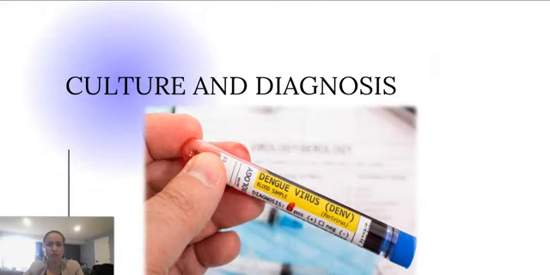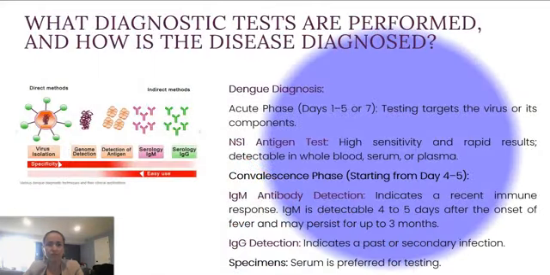Culture and diagnosis. The diagnosis of dengue is based on virological tests, RT-PCR, NS1 antigen during the first 5-7 days of the fever, and serological tests, IgM, IgG after the 7th day.